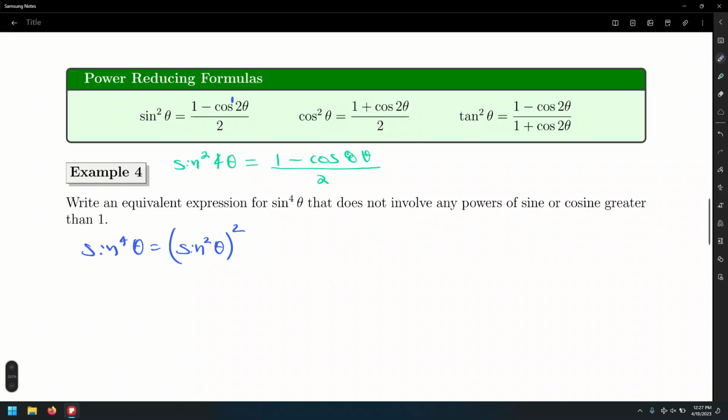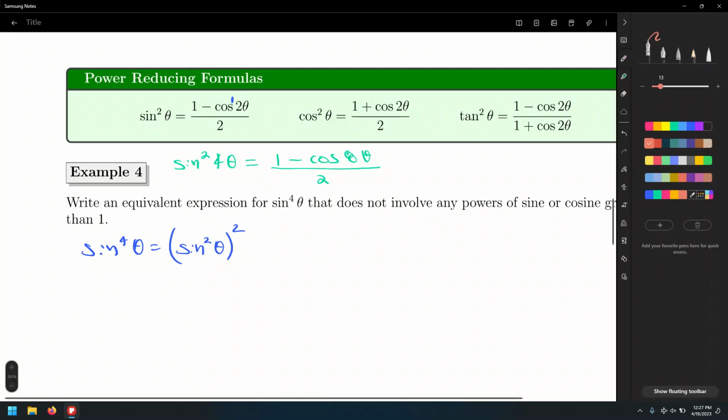And then from here, we're going to make our way through reducing the powers. So number 1, check this out. This sine squared right here can be replaced with this expression right here.